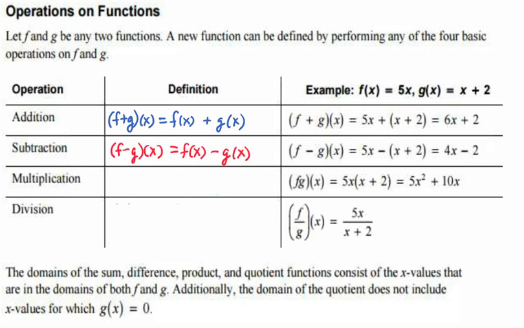Now for subtraction, the same thing applies. If we're going to subtract two functions, we're going to take the f of x and we'll subtract our g of x. Again, just as we see here, we have our 5x and we have our x plus 2, and those are being subtracted.